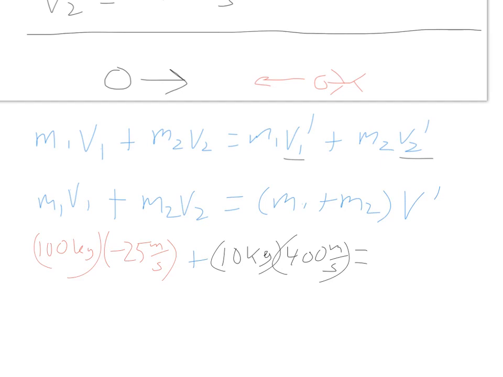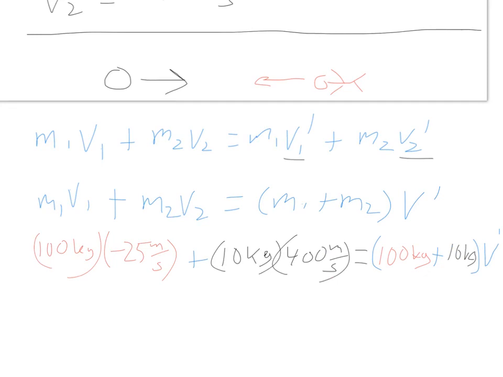Let's stick with our blue here. All right, I got my two masses, 100 for radioactive man, and 10 for the cannonball. And together they move along at some unknown speed.